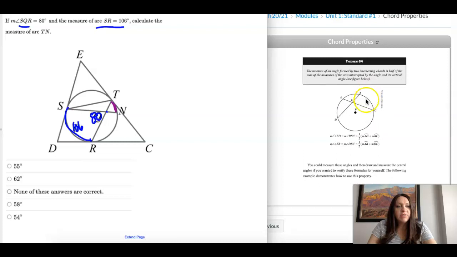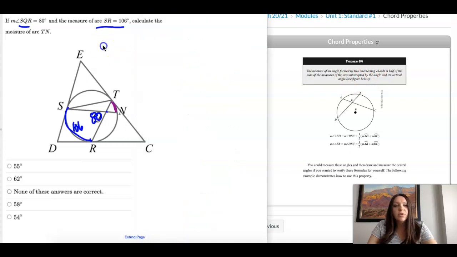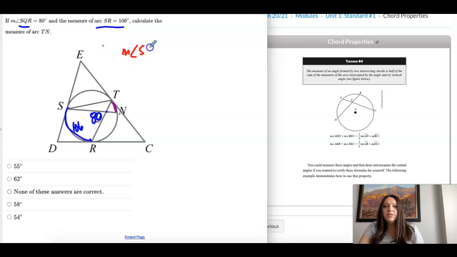right here, theorem 64. The measure of an angle formed by two intersecting chords is half the sum of the measure of the arcs intercepted by the angle. So to put that into terms of what we're looking at, the measure of SQR, that's what we're given, equals half of the measure of arc SR, so we would put M for measure, arc SR. That's what's happening over here.